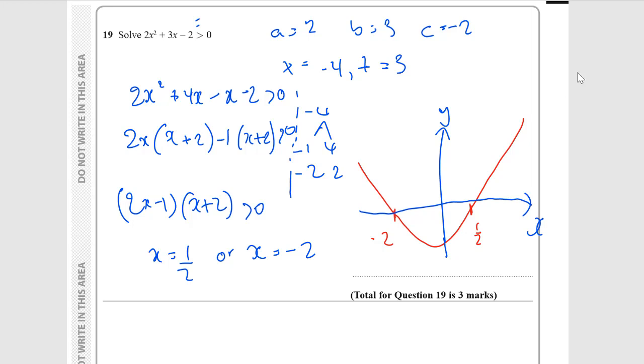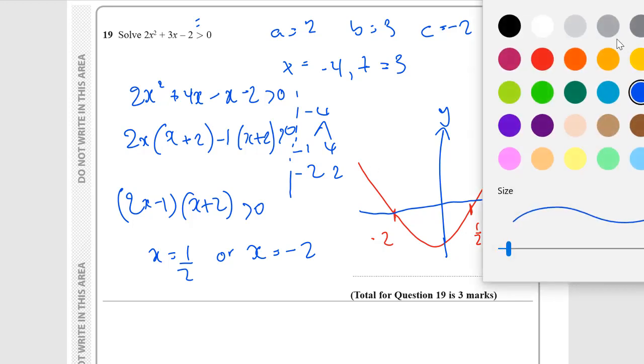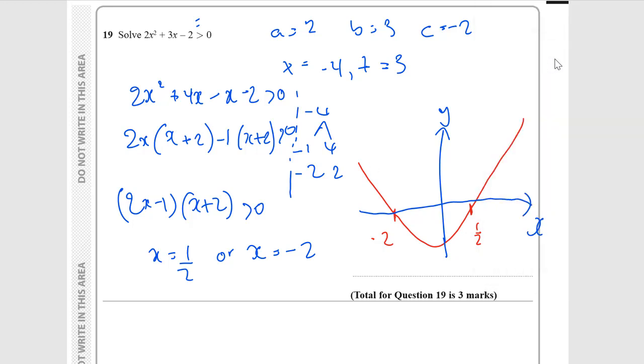And essentially, it says where this is greater than 0, so we know that y is going to be greater than 0 here, and y is going to be greater than 0 here.